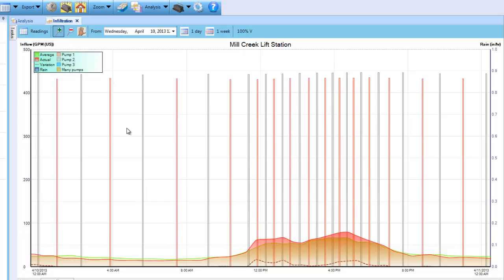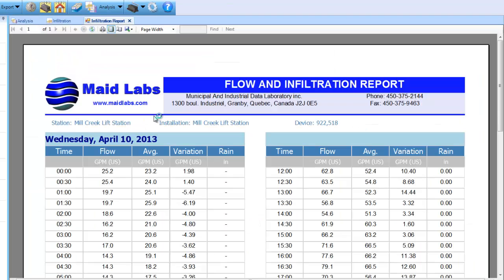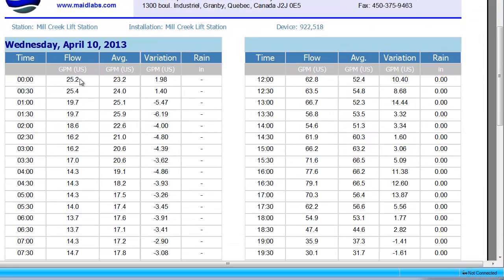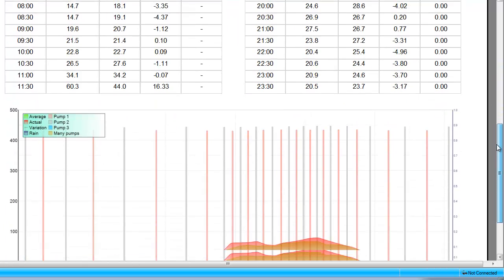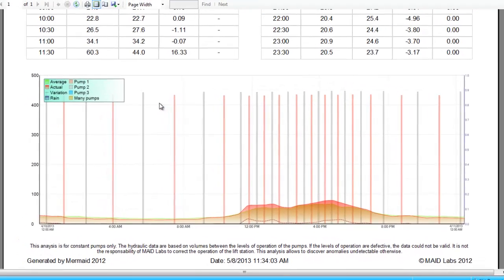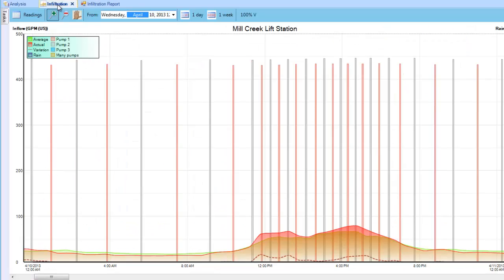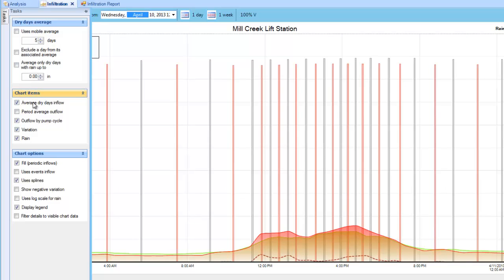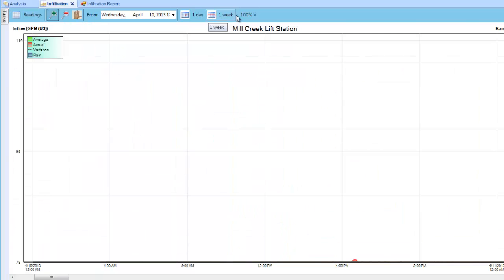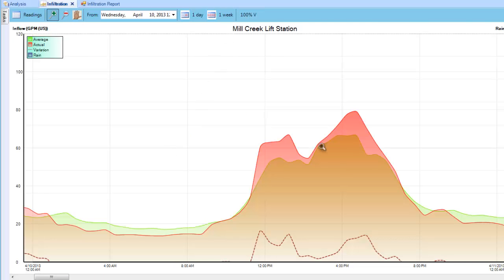So I'll click on the report, and it will generate a report and give you the information of your flow, the time in half-hour increments, what the average was, and the variations in flow. And down at the bottom, however we had the task set up, we're looking at the flow rate with the pump capacities along with it. If we wanted to, we could go back to tasks. Variations are good. Turn off the outflow by pump cycle. 100% view.